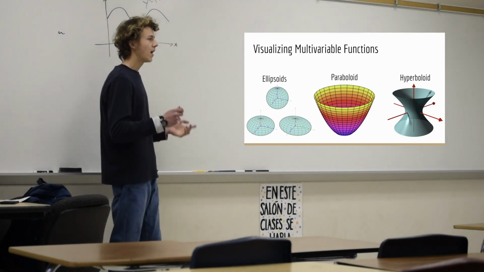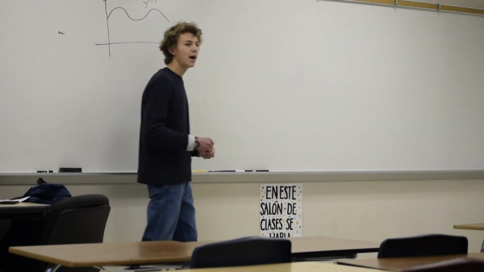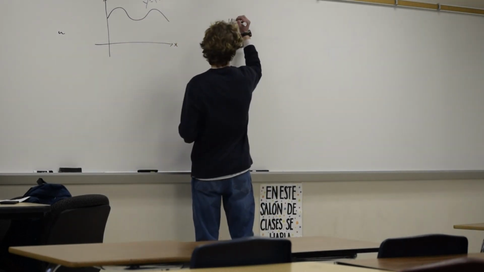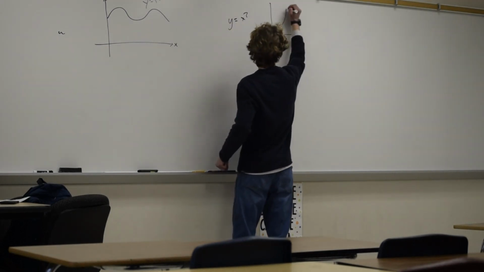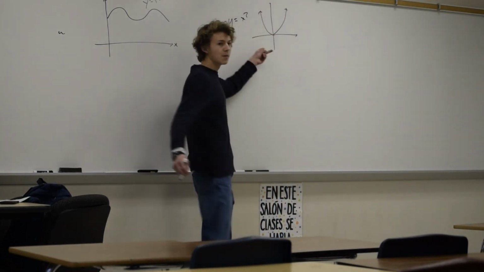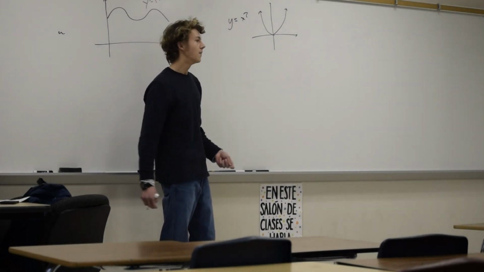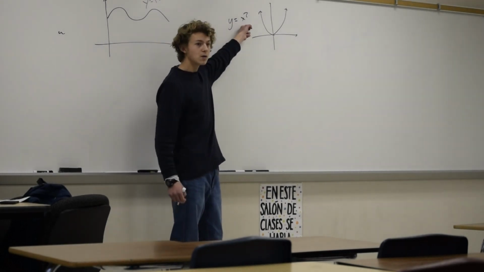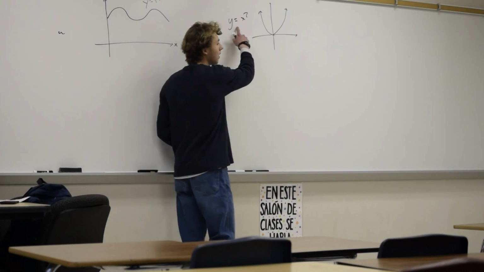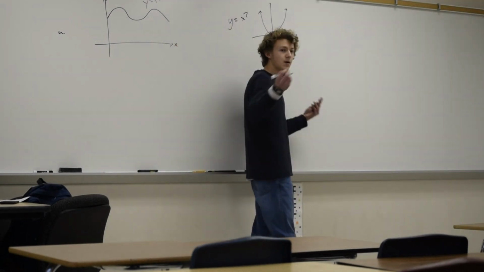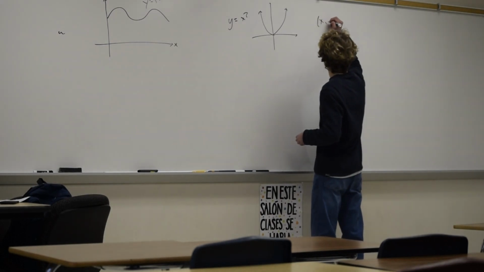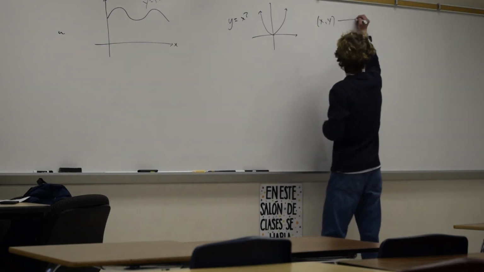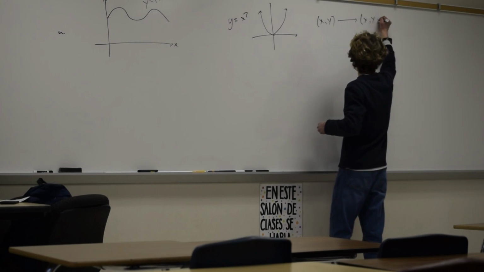So, for example, if we had our standard parabola like y equals x squared, and it looks like this, right? This is just our standard parabola in the xy plane. Well, if we were to extend this to another dimension, and I'm going to talk about just Cartesian coordinates right now, we would have, instead of some point x, y, some point x, y, z.